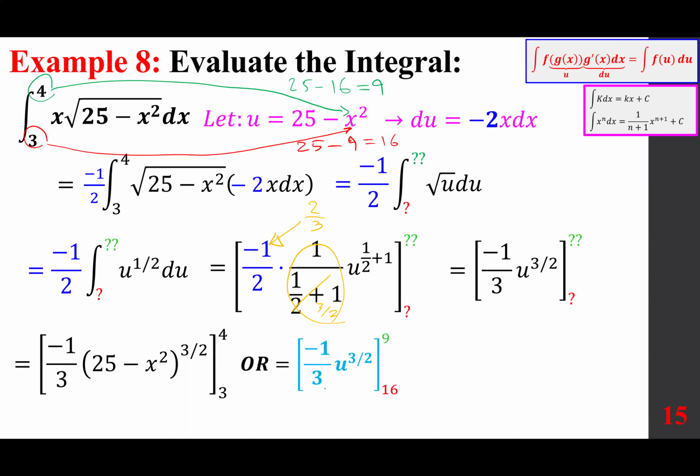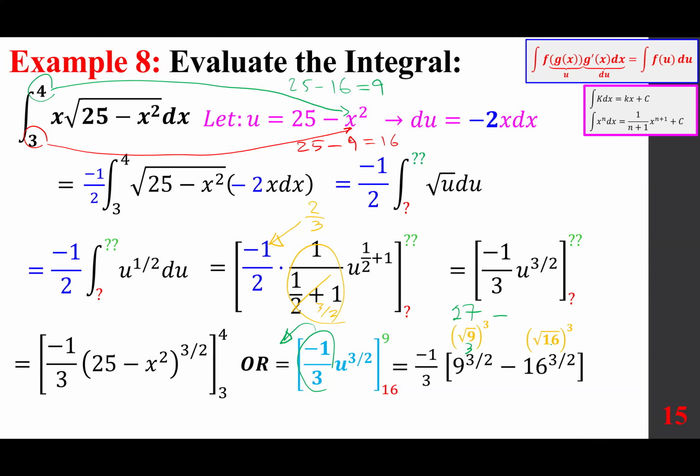To make it easy, we are going to keep this out. So minus 1/3 times 9 to the power of 3/2 minus 16 to the power of 3/2. Those are easy calculations. Let's do the basic math. Square root of 9, 3 cubed, 27, minus 16 to the power of 3/2.